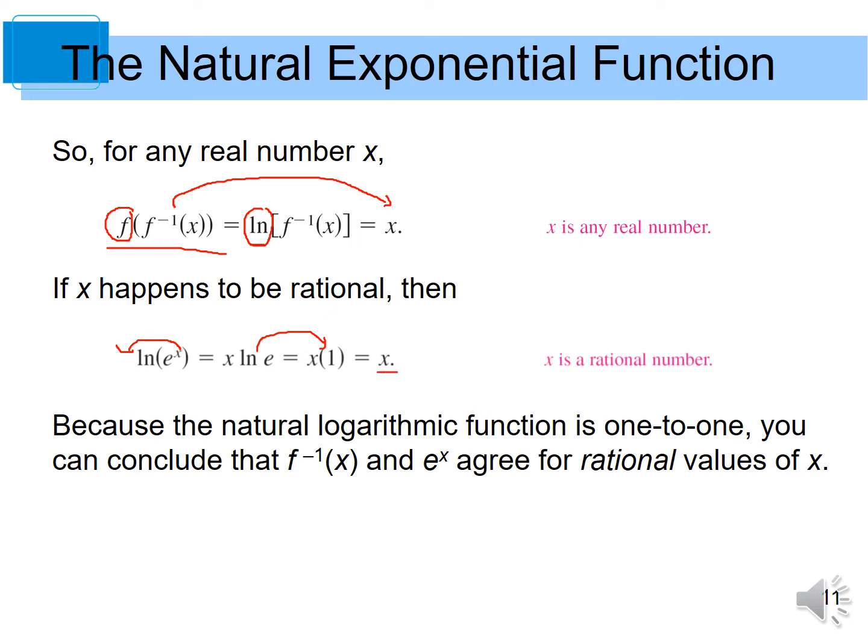And we have an x. So this is a proof. The inverse function is an exponential function. Because the natural logarithmic function is 1 to 1, you can conclude that the inverse function and the exponential function agree for rational values of x.